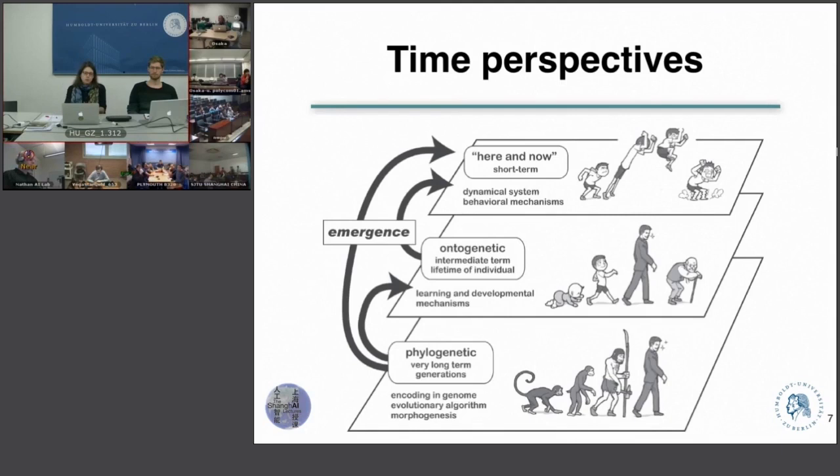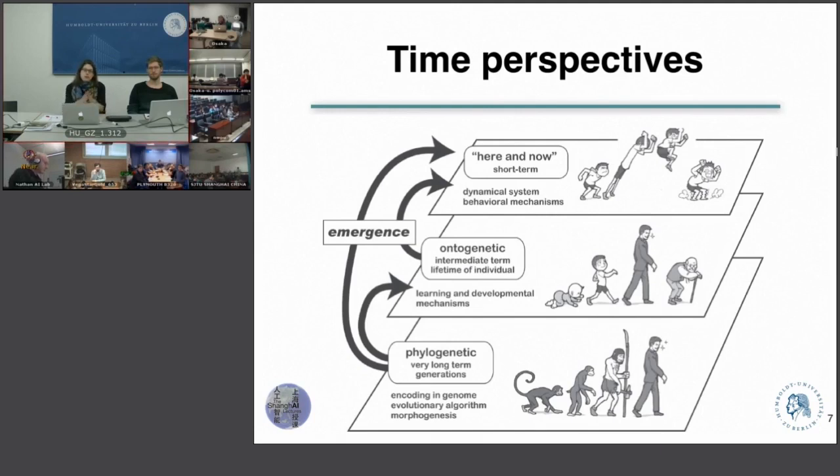If we go one step further to the center picture, we look at the ontogenetic perspective. That means learning and developmental mechanisms during the lifetime of an agent, of a human, of an animal. We consider the whole lifespan from growing up until aging.